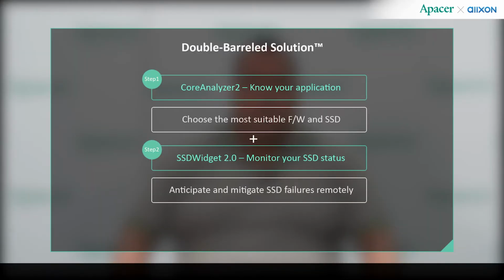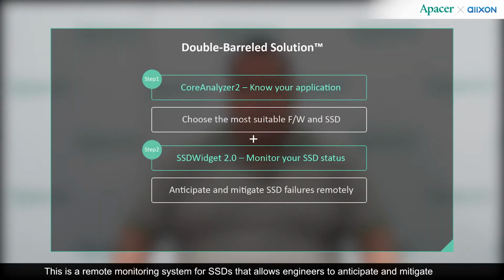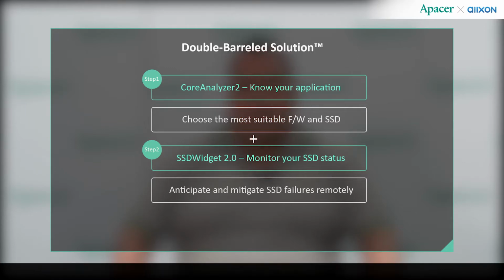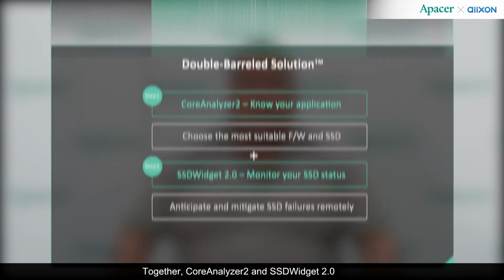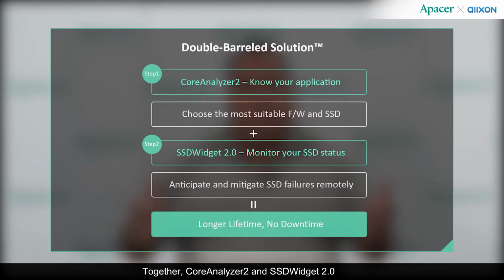The second component is SSDWidget 2.0. This is a remote monitoring system for SSDs that allows engineers to anticipate and mitigate the natural end of life of an SSD, helping minimize data loss. Together, Core Analyzer 2 and SSDWidget 2.0 add up to longer lifetime, no downtime.